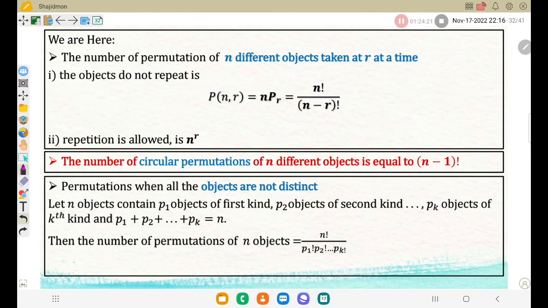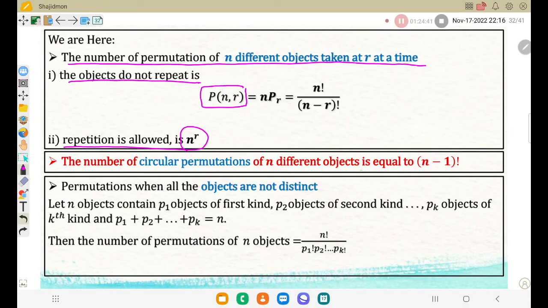What are the ideas? First, we studied the number of permutations of n different objects taking r at a time. If objects are not repeated, it is PNR, that means n factorial divided by n minus r factorial. Repetition allowed, we studied n power r.